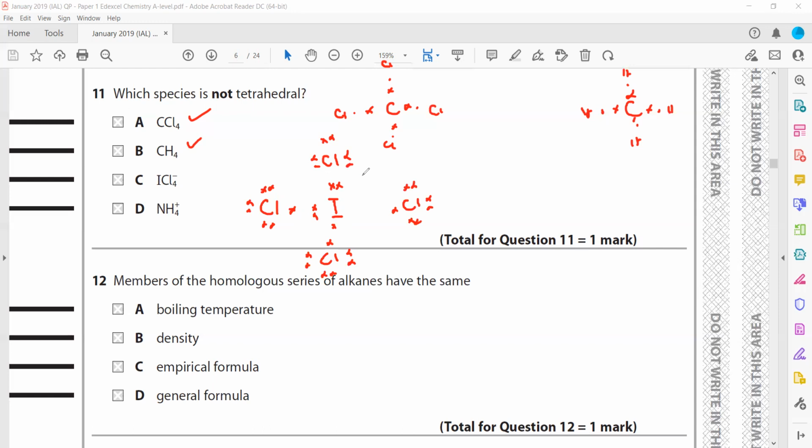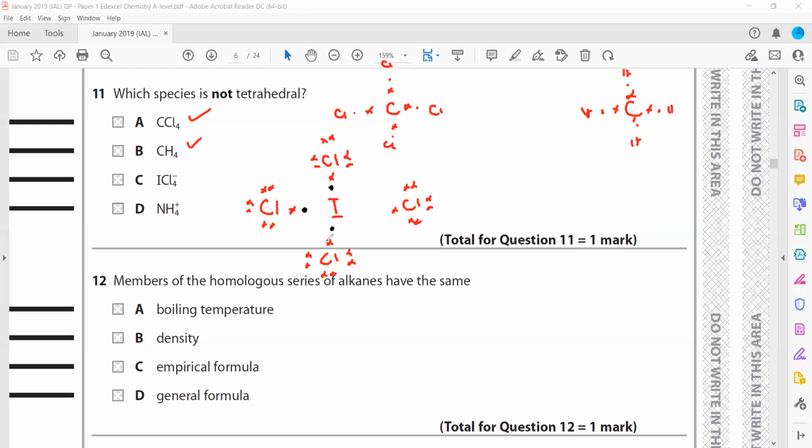To gain stability, chlorine shares 1 and iodine shares 1 from this side. Chlorine shares 1, iodine shares 1 from this side.